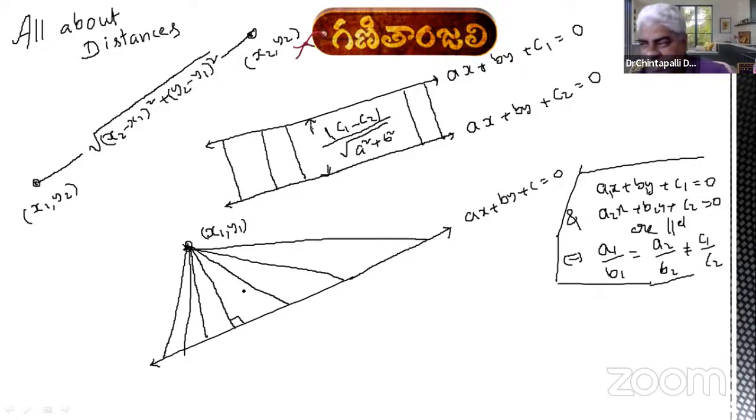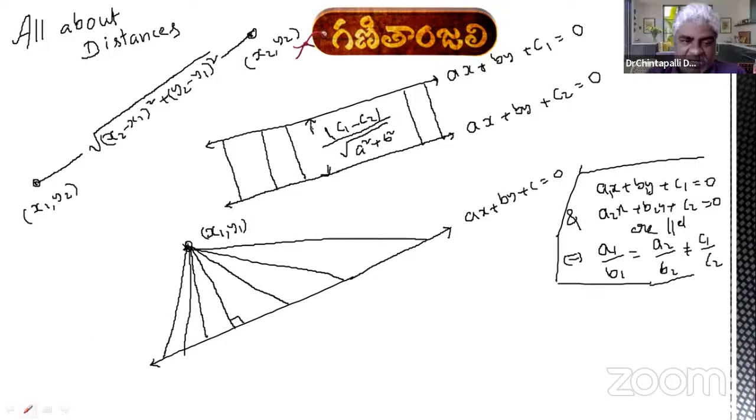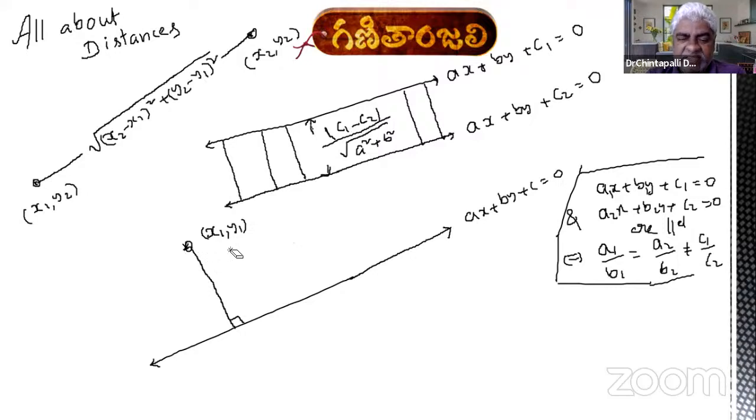There must be a definition, a rule to find the distance from a point to a straight line. Otherwise, there are infinite distances. So, to avoid that confusion, the distance from a point to a straight line is defined as its shortest distance.